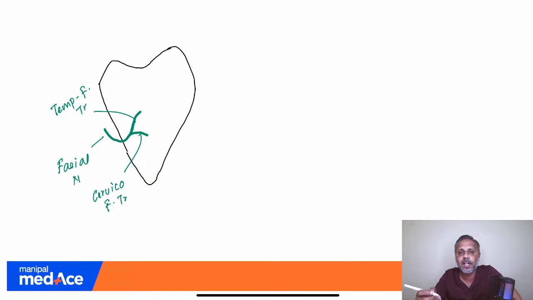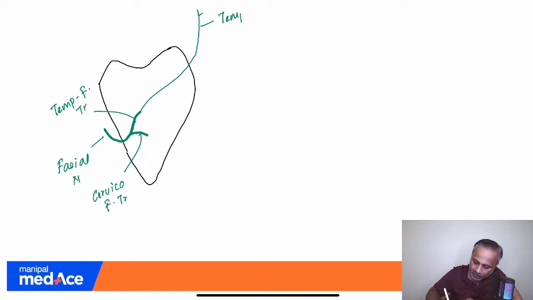These further give rise to branches. For example, the temporofacial trunk gives rise to the temporal branch, which mainly supplies the frontal belly of the occipitofrontalis, the upper half of orbicularis oculi, and all these muscles.